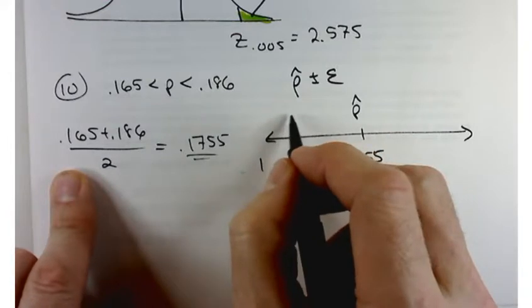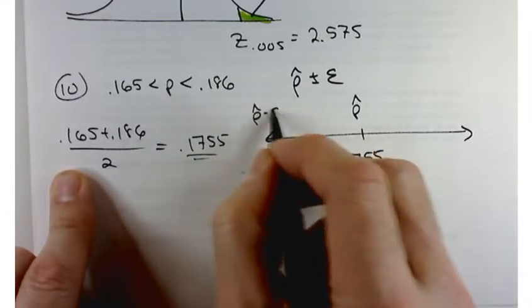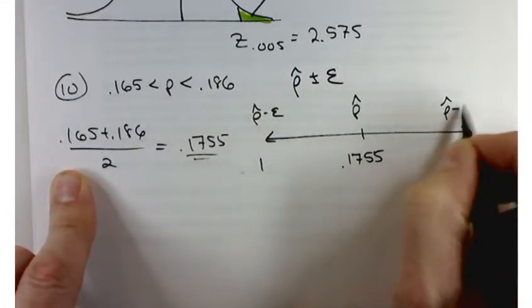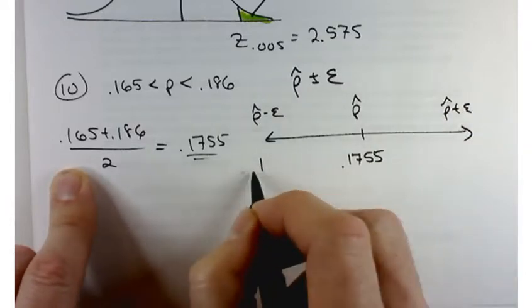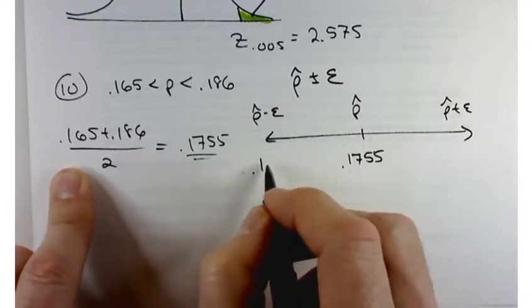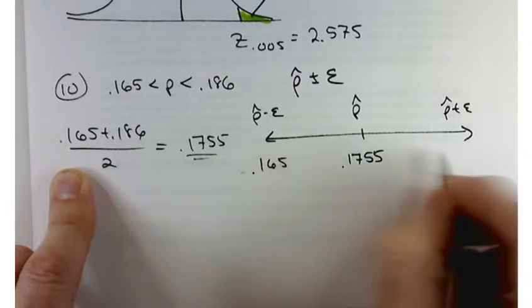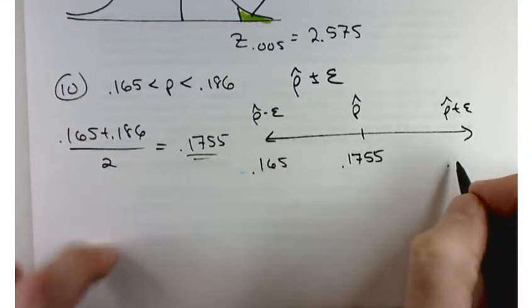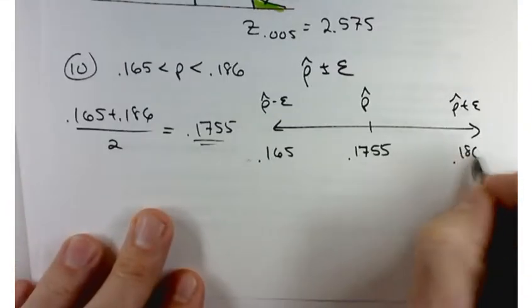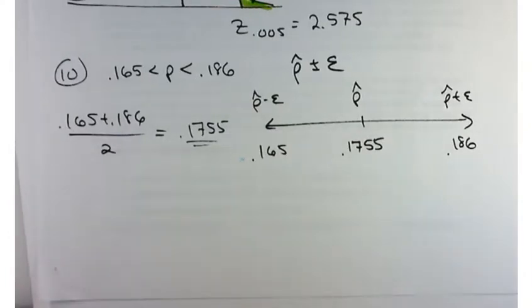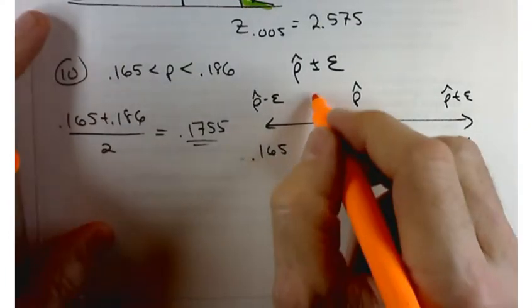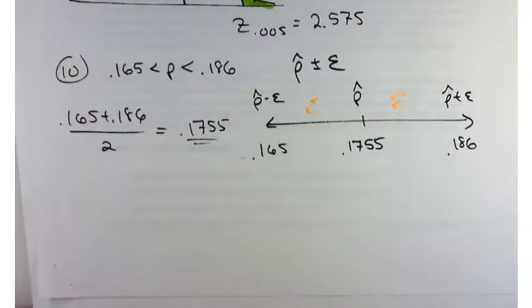What is my error? This is going to be p hat minus e. This is going to be p hat plus e. So how far do I have to move to get to 0.165, or up here to 0.186? What's the error? Anyone?